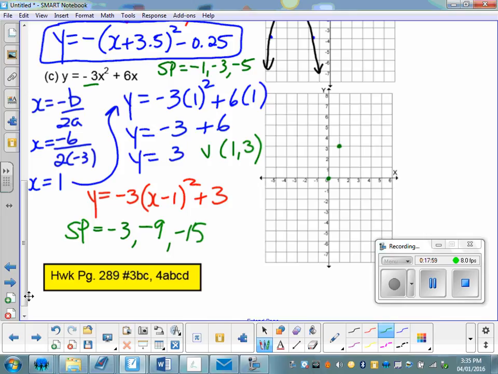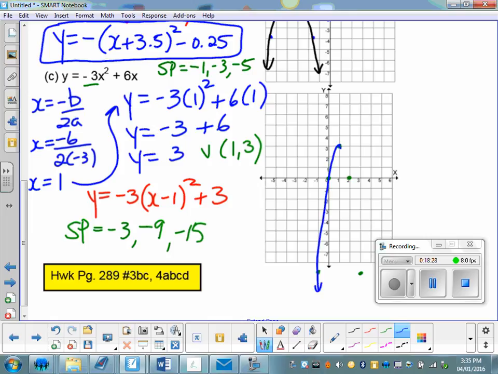Over 1 and down 3, over 1 and down 9. 1, 2, 3, 4, 5, 6, 7, 8. I'll just estimate where that is there. Slightly off the graph. And on the other side, over 1 and down 3, over 1 and down 9. And then we can draw our parabola through those points.